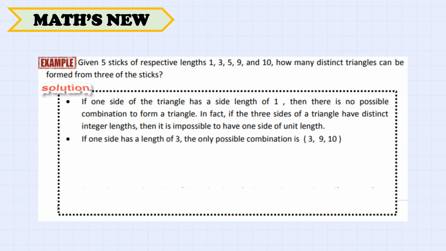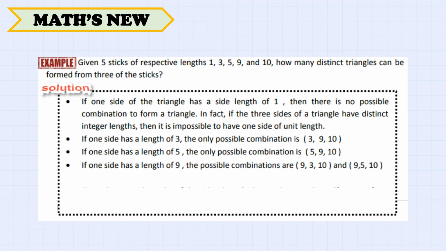If one side has a length of 3, then the only possible combination is 3, 9, and 10. If one side has a length of 5, the only possible combination is 5, 9, and 10. If one side has a length of 9, the possible combinations are 9, 3, 10, and 9, 5, 10.